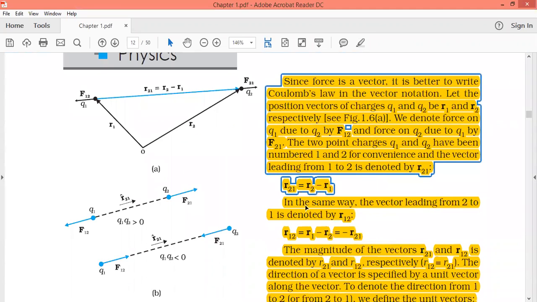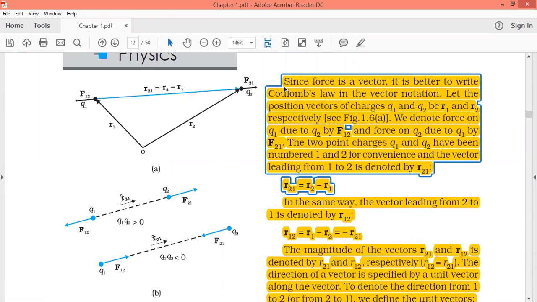So R21 is the vector from 1 to 2. In the same way, the vector leading from 2 to 1 is denoted with R12. So what is R12? R1 minus R2. These two will have the same magnitude, but the direction will be different.